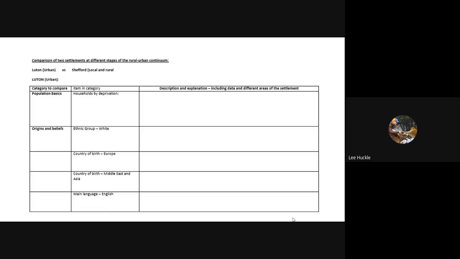Then you'd have had tables to complete using Data Shine and also other websites that give good data. So here you'd have looked at, this one says Luton, but you've done exactly the same for Shefford. So for Luton, you'd have looked at Data Shine to look at the households by deprivation. And then I asked you to look at the origins and beliefs of both Luton and Shefford.